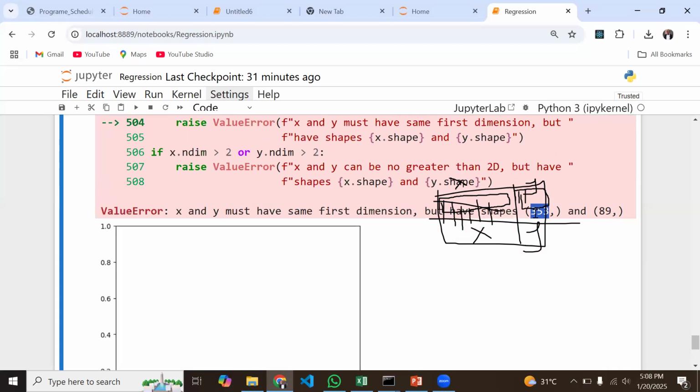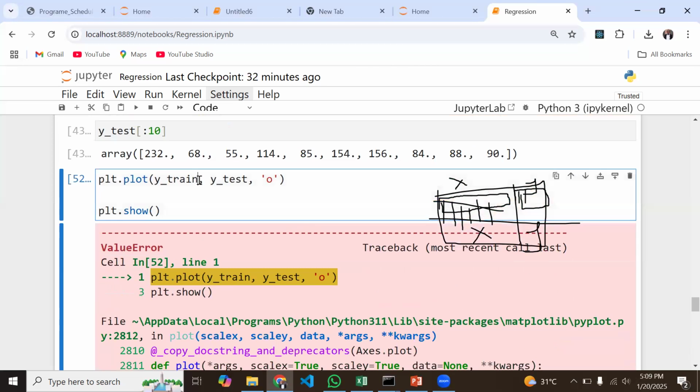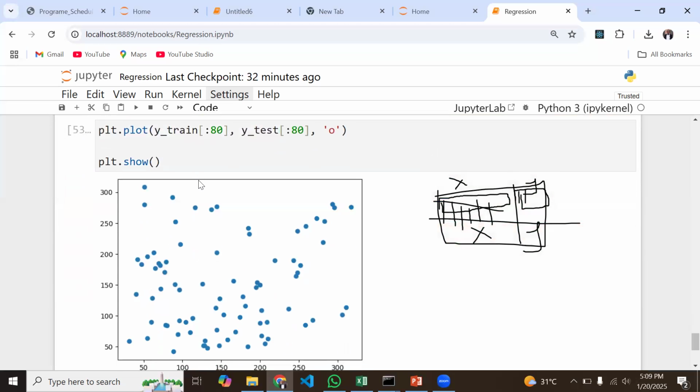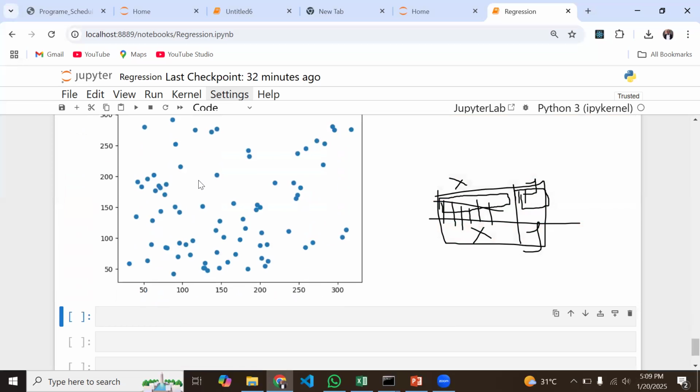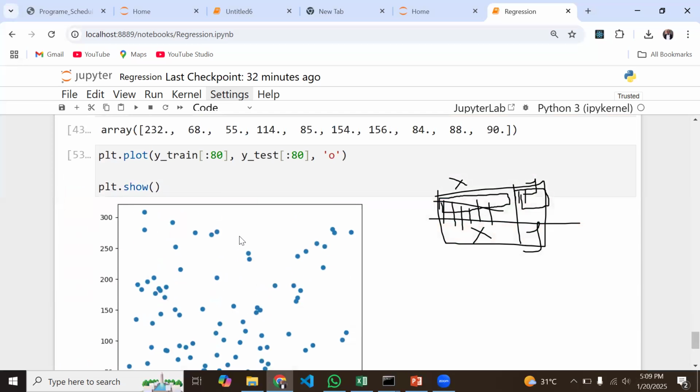Let me do 80 over here, and let me do 80 over here. Okay, so this is not looking bad. This is just the Y part of the data.